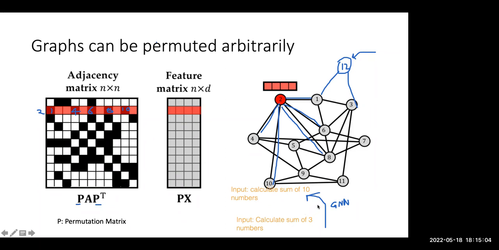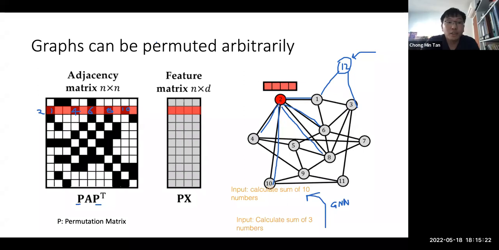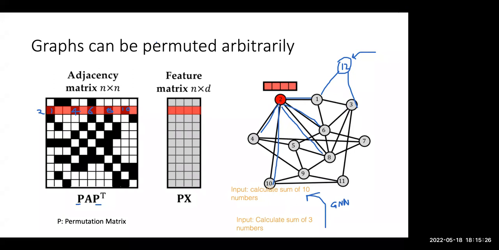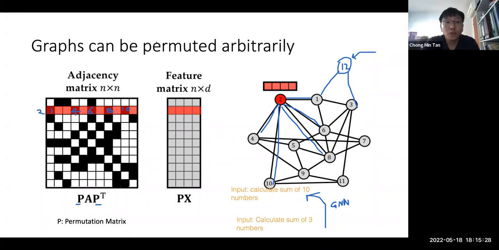Dylan, I think the thing that they're taking advantage of here is that this adjacency matrix is typically sparse. So this graph is not a fully connected graph. If it's a fully connected graph, then you lose all the benefits that Chongmin is talking about. But actually, it can be fully connected as well for GNNs, but then adding a new node, your adjacency matrix will be fully black.